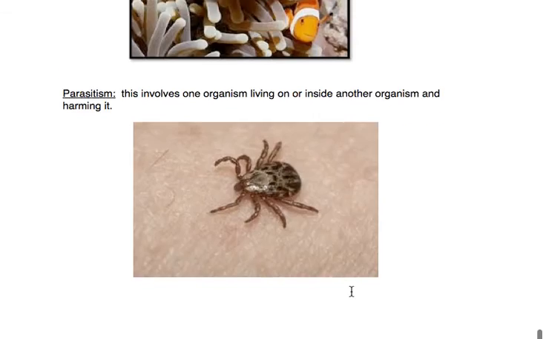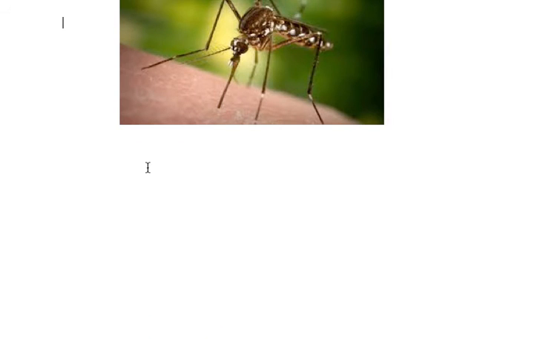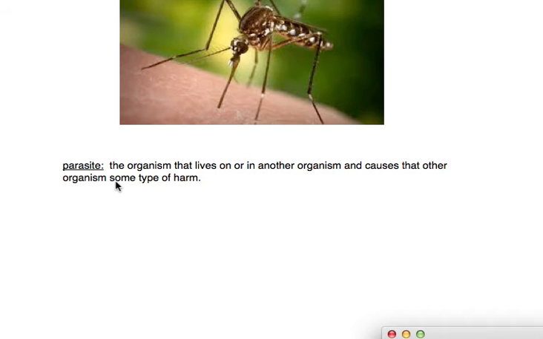And when we're talking about parasitism, again, one organism living on or inside another and harming it, it's important to note the players in a parasitic relationship. You have the parasite, which is the organism that actually lives on or in the other organism and causes the harm.